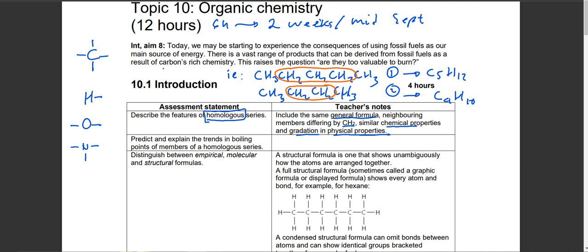So these two are different compounds, but they are similar in terms of patterns, and the difference between them is only the amount of CH2. Hence, we call them homologous to each other.